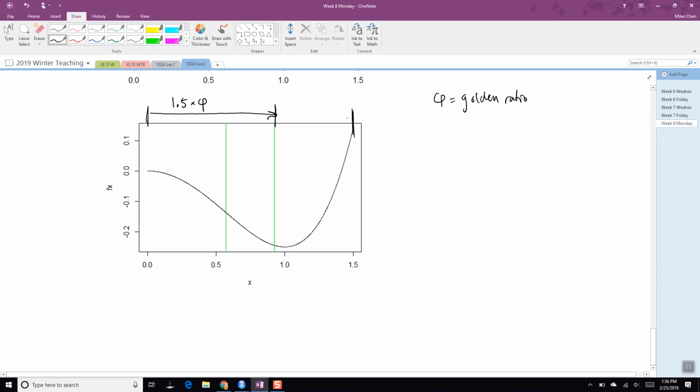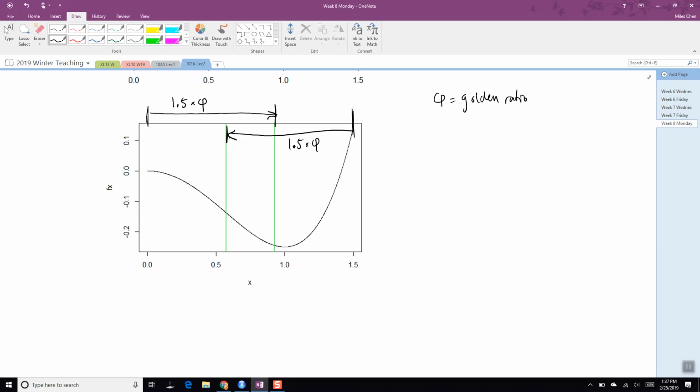And over here, from here to here, this distance is 1.5 times the golden ratio as well. So this is about 61, 62% of the way from 0 to 1.5, and on the other side, it's 61, 62% of the way from 1.5 down to 0.